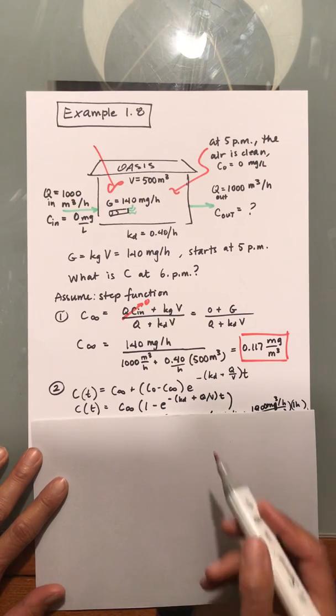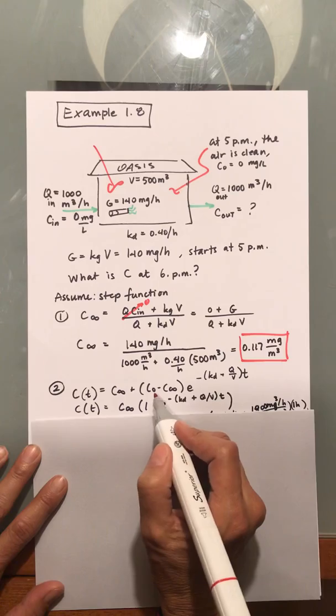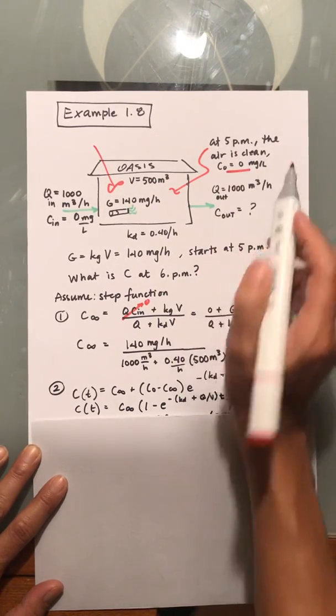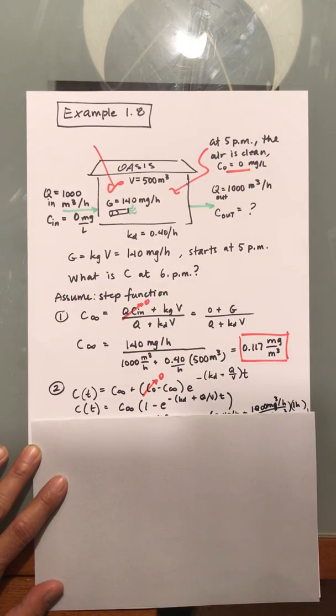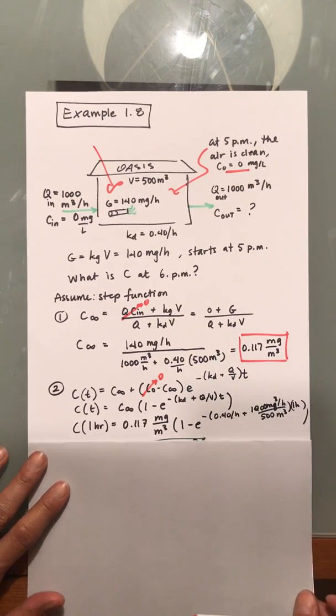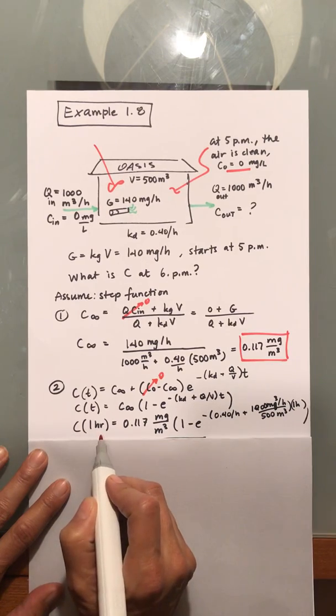Well, it turns out that the initial concentration at 5 p.m., remember, the air is clean, so the initial concentration is 0. So that term goes to 0, which allows us to simplify a little bit here, and then we can solve for the concentration at 1 hour.